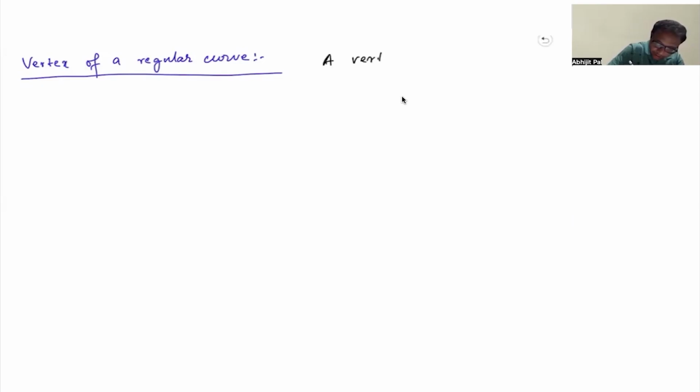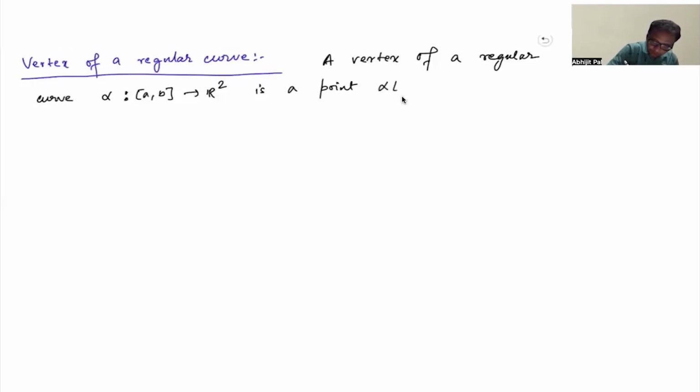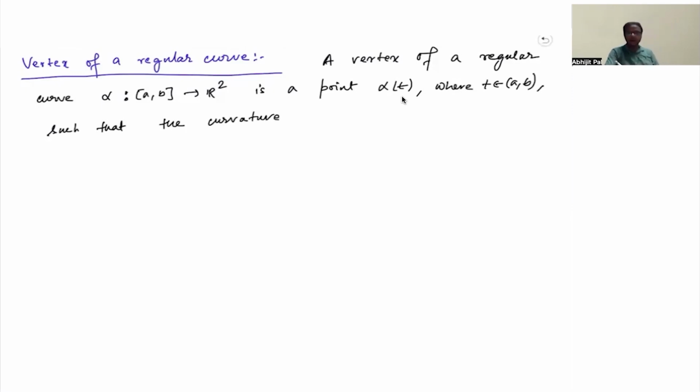A vertex of a regular curve is a point alpha of t, where t belongs to the open interval, such that the derivative of the curvature k at alpha t becomes 0.